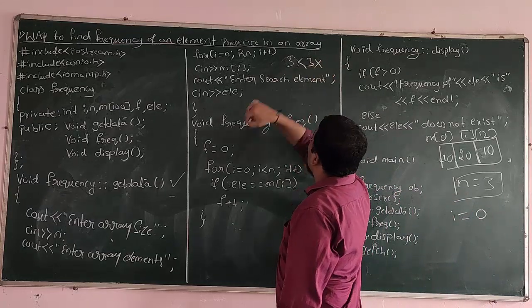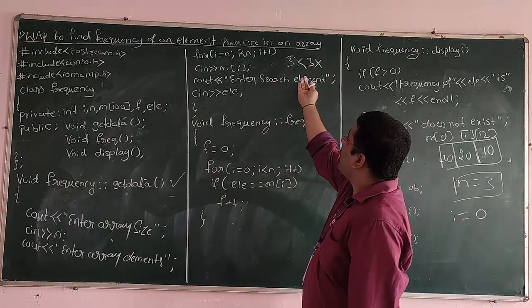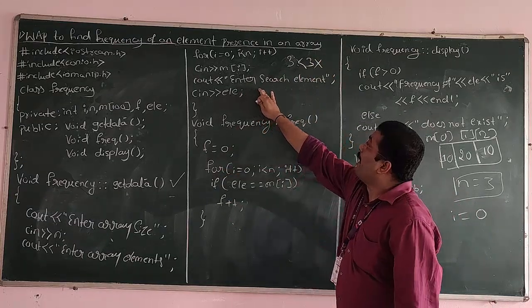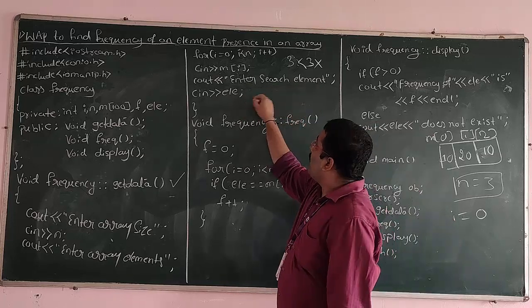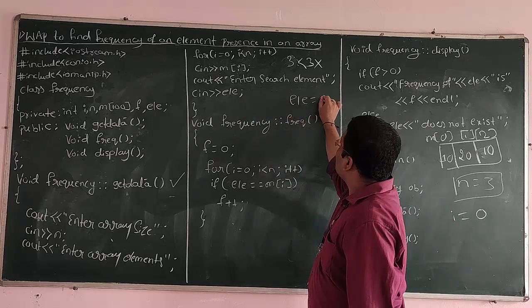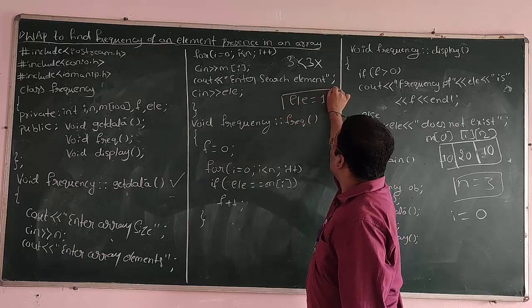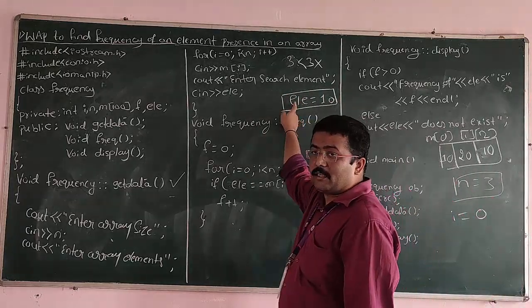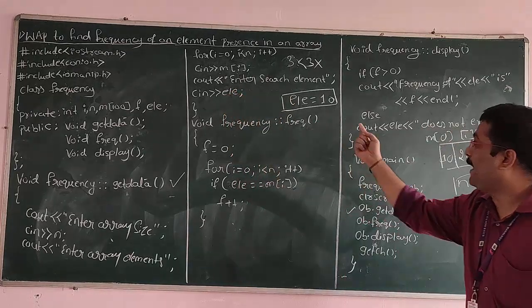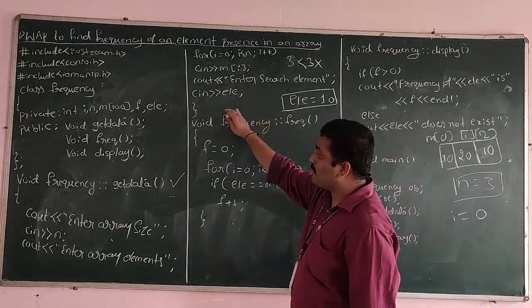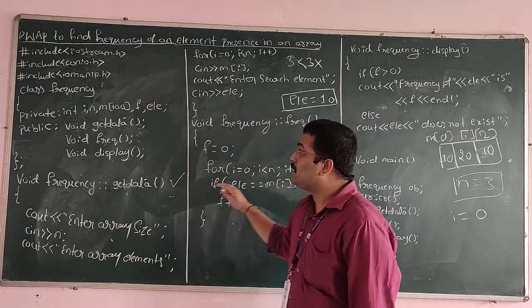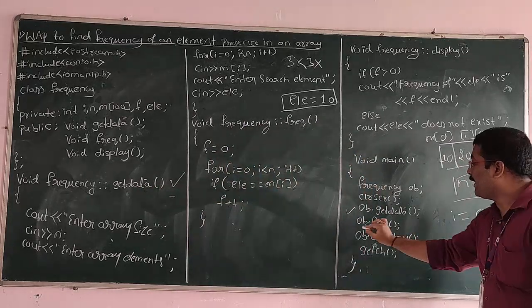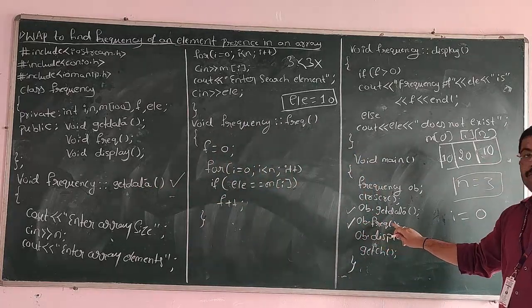The condition becomes false, so the next statement is executed. Enter the search element: I am taking the element as 10, so I am searching for 10. Here the member function getData ends, and the control comes to the next function, ob.fit.